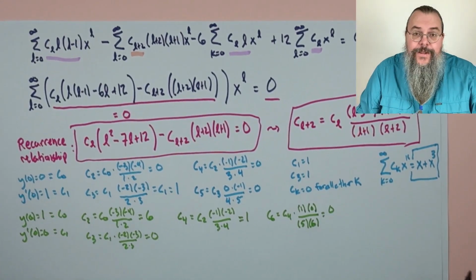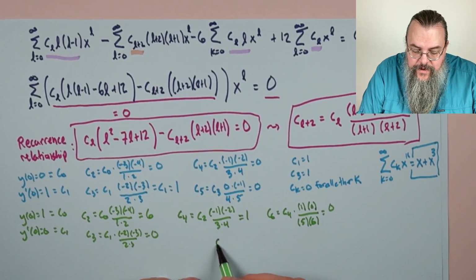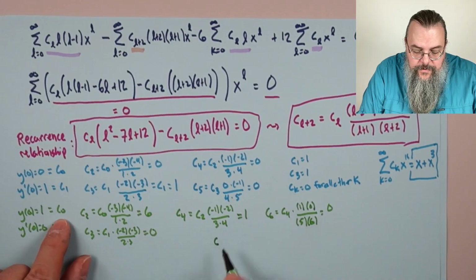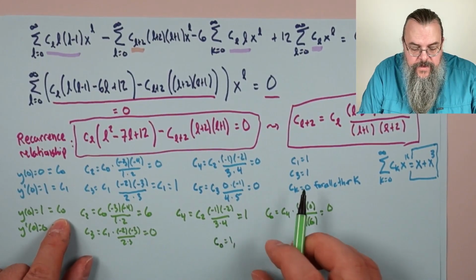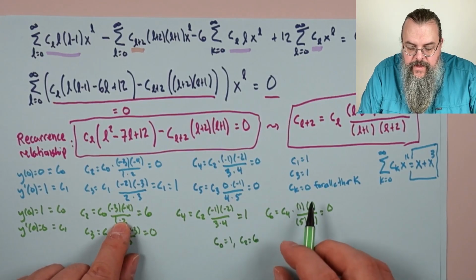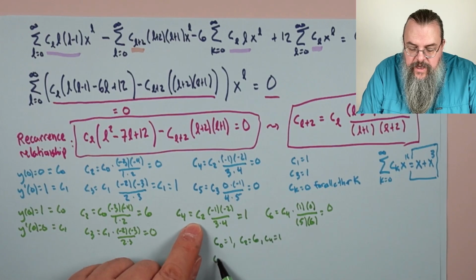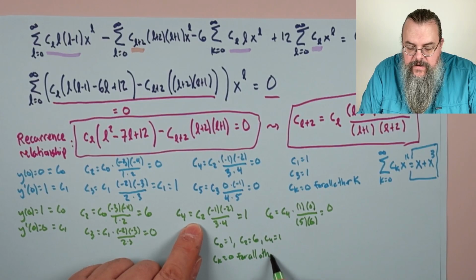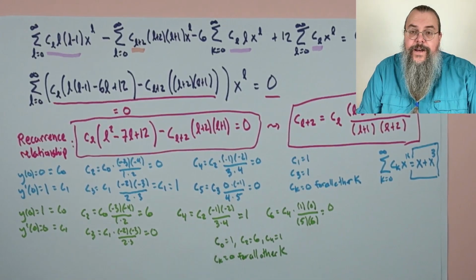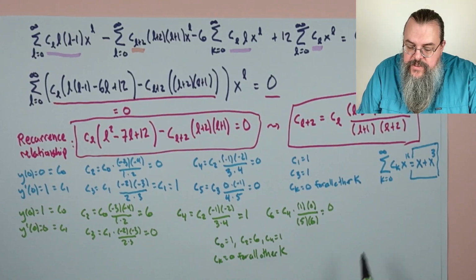So we get the following. We have that c_0 is 1, c_2 is 6, c_4 is 1, then c_k equals 0 for all other k. All right, so what does that say?